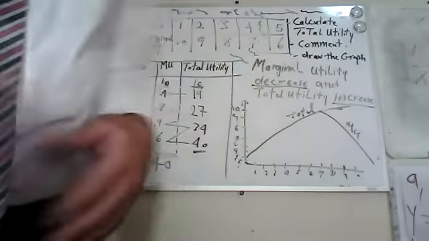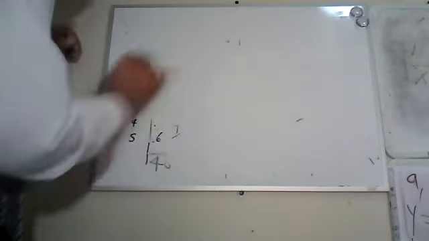Now, assuming that you have the following example, which I just drew, and it's a very simple one. It will show you the relationship between both of them. Let's say that you have a table like this in the exam.